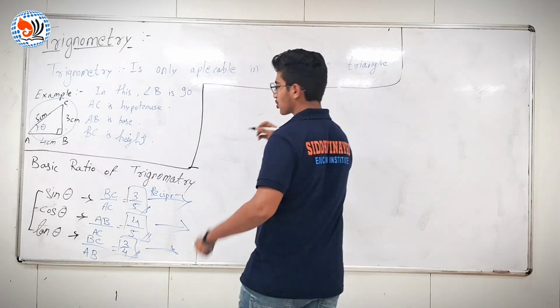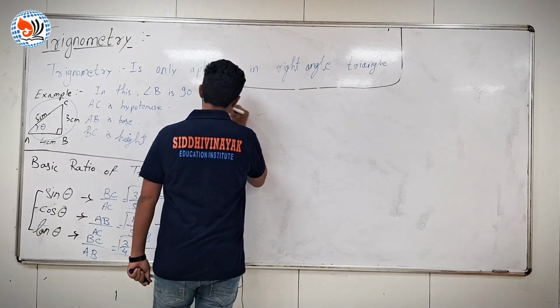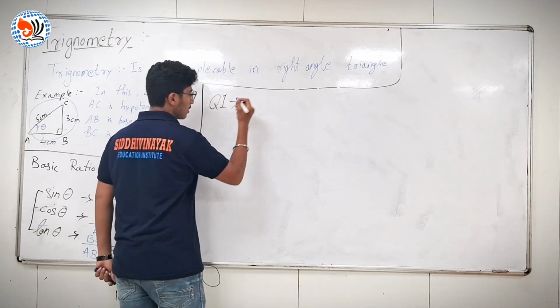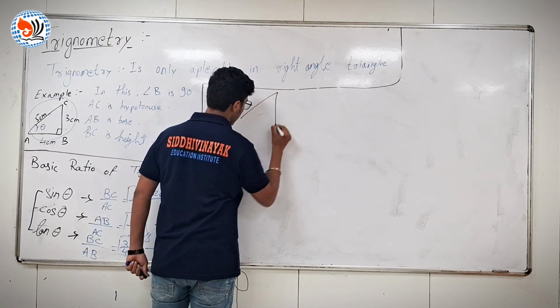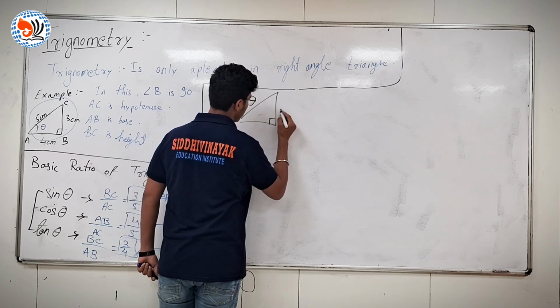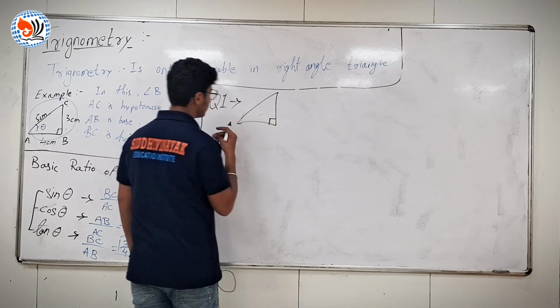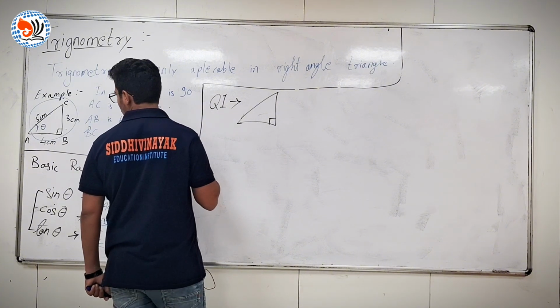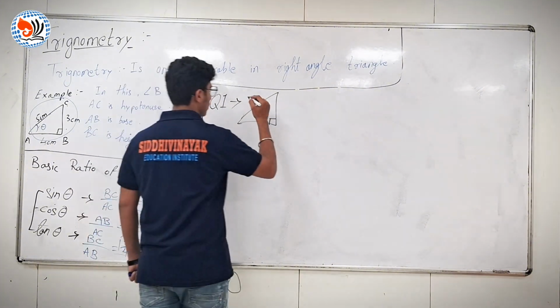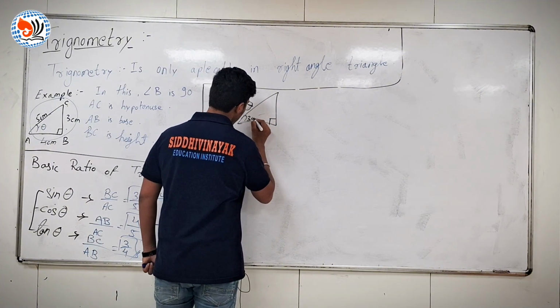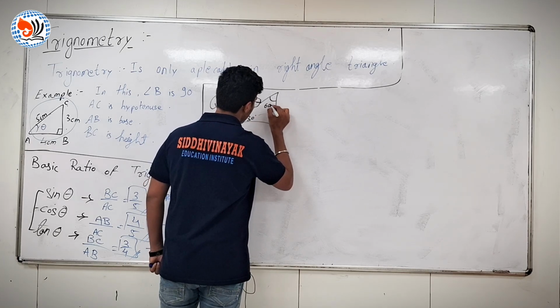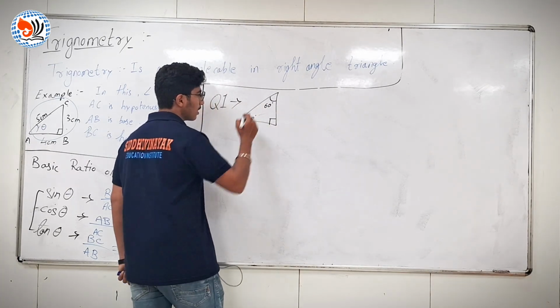Question first. There is a right angle triangle having angles 30 degree, 60 degree, and this is 90 degree.